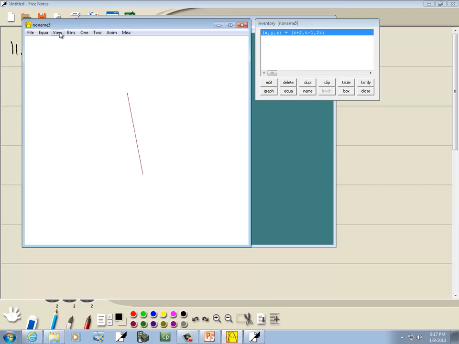Now if I choose View, Axis, I get this picture right here. And for our answer, we just sketch that down. Now, it's not hard to do this.